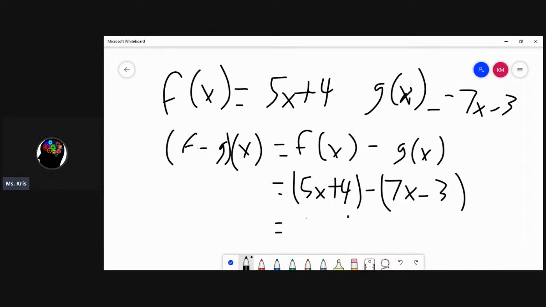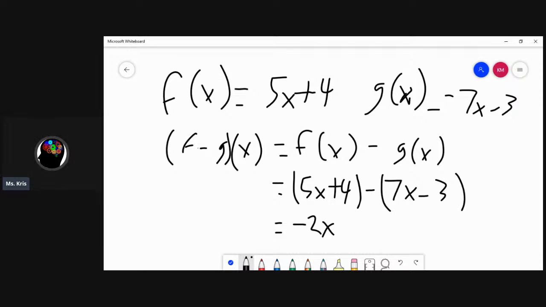So, of course, we leave our parentheses for the function f of x and g of x, which is 5x plus 4 minus 7x minus 3. So, combine like terms. 5x minus 7x is a negative 2x. 4 minus a negative 3.